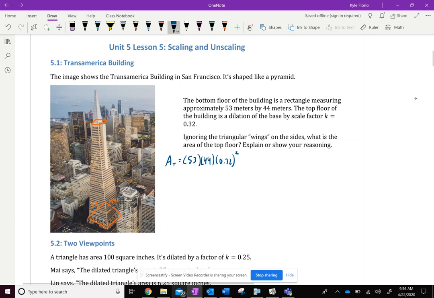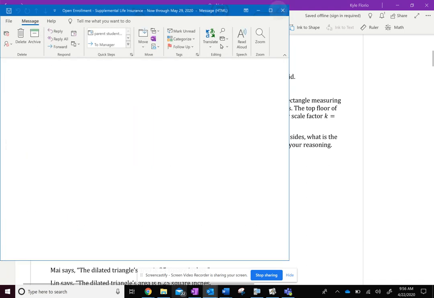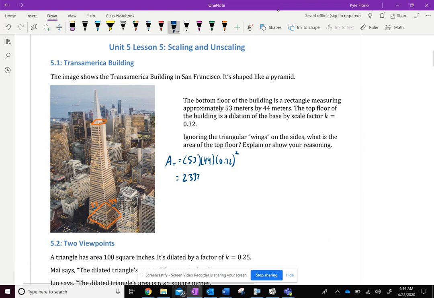So 53 times 44 gives me the area of the bottom floor, which is 2,332. I need to multiply that by 0.32 squared. You can put that all on your calculator. It turns out that the area is approximately 239 square meters.